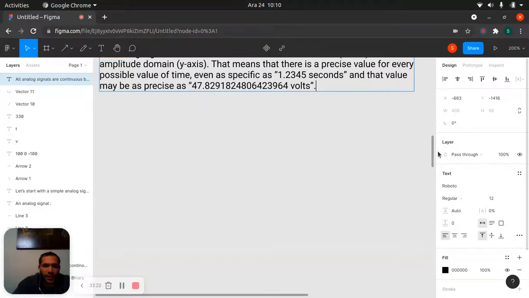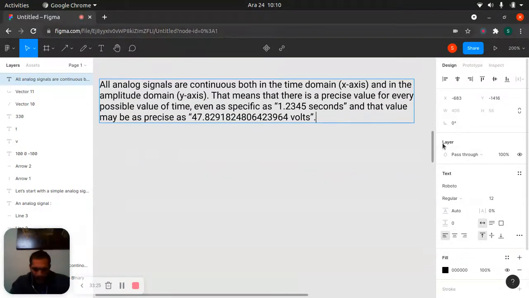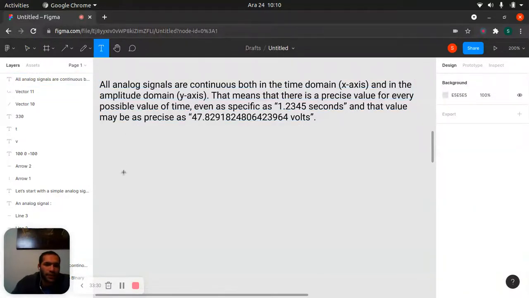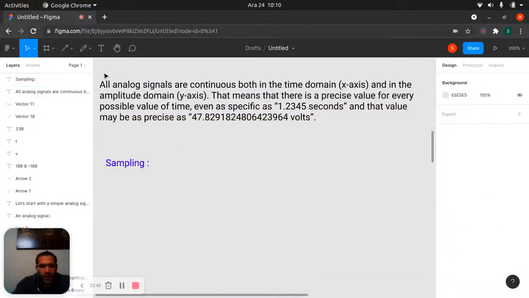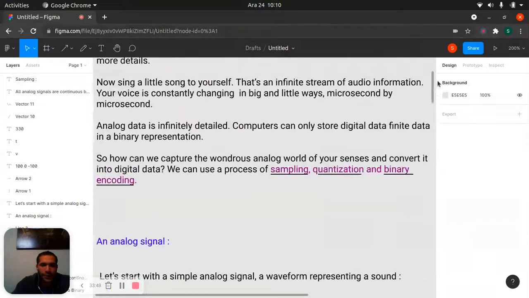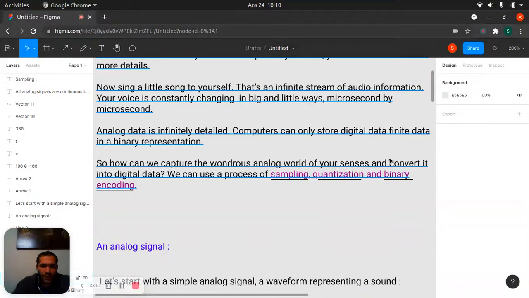We are just solving things here. Now we will say our other topic, it's sampling. Yes, now we will concatenate all of our things. Let's say blue. Now the other topic is that. I told you we will speak here about sampling, quantization, and binary encoding.